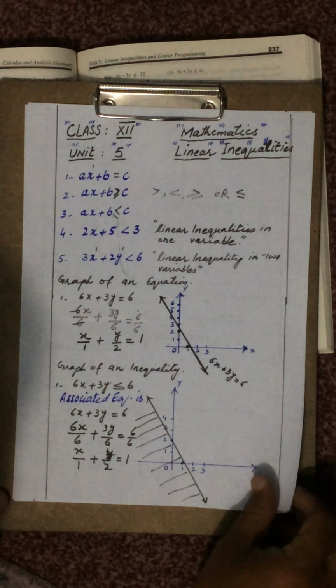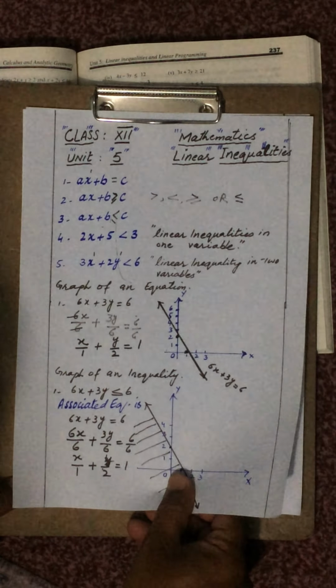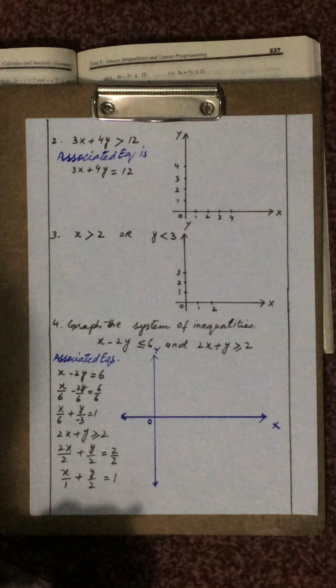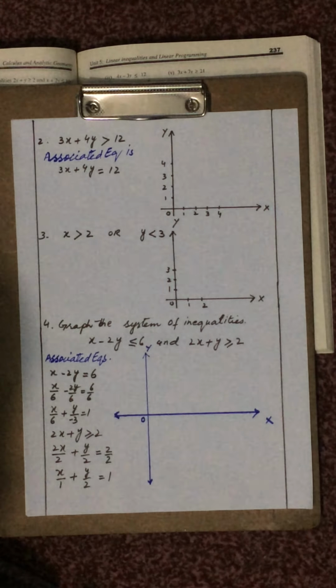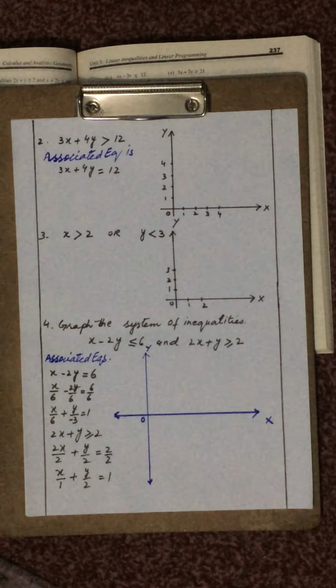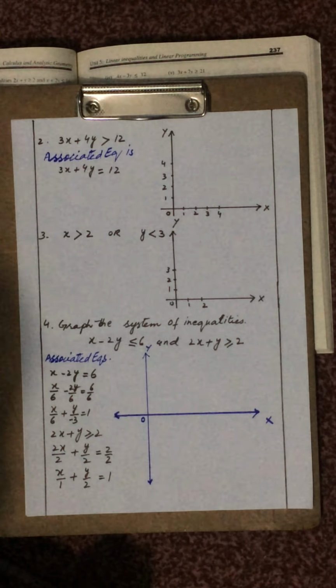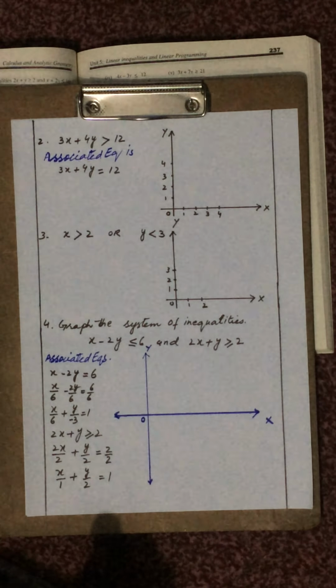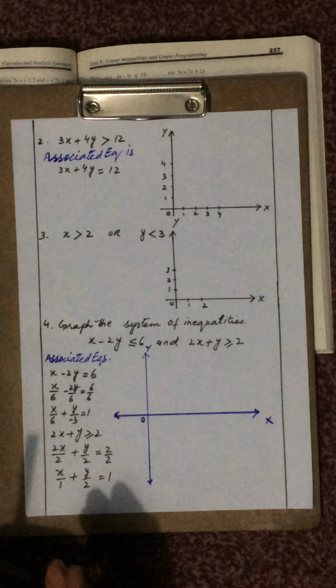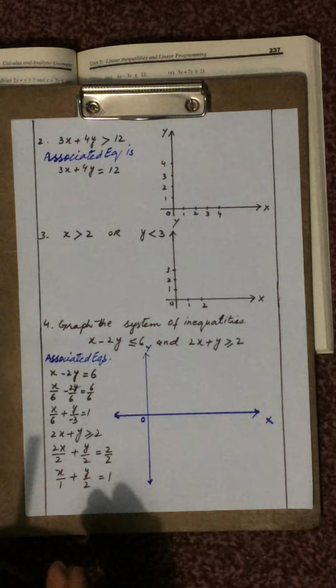Next, we again take a question. There is another inequality. We will draw the graph of this inequality. Look, this is 3x plus 4y greater than 12. First we took an inequality in which the less than sign occurred.